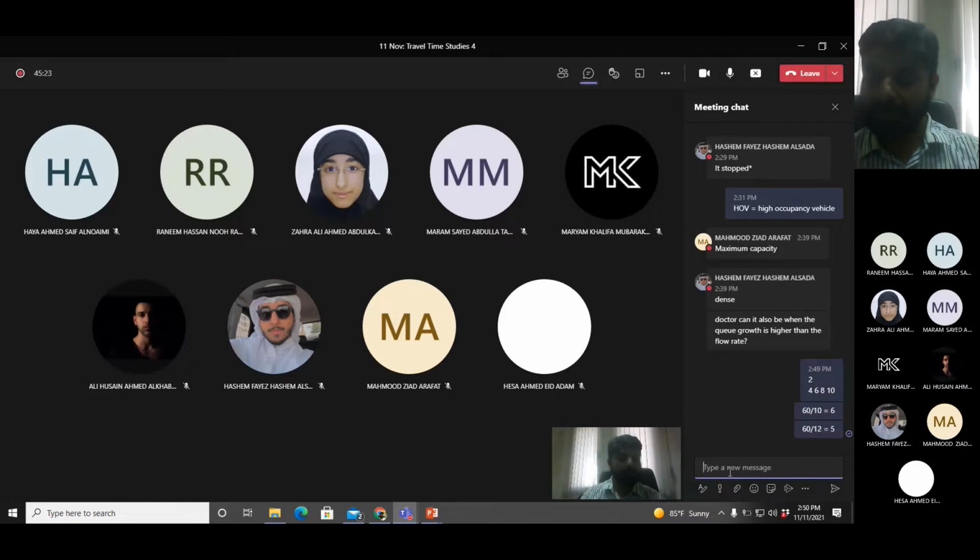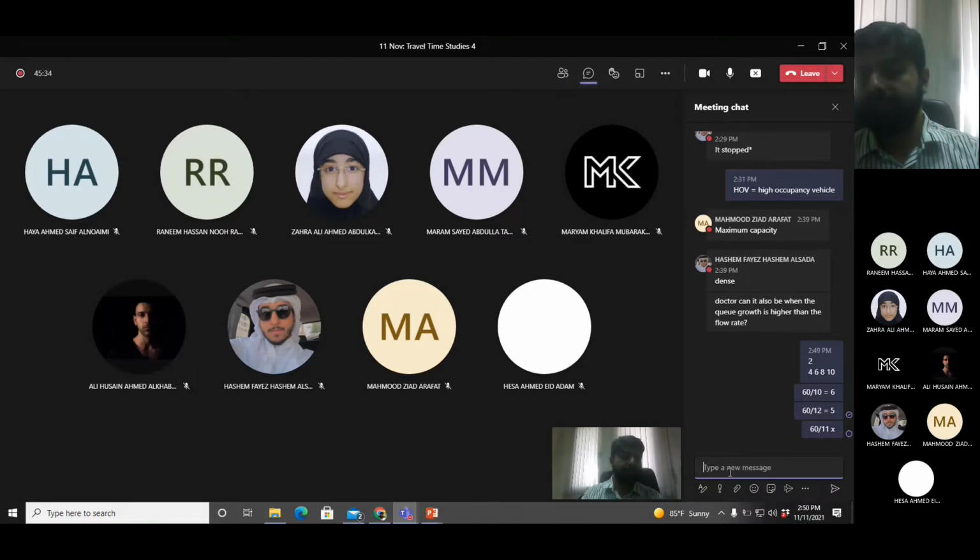Somebody else says make it 11. Now 60 upon 11 is not an integer, so this is not allowed. The time interval you give to observer 1 must be an integral divisor of the cycle length, or the cycle length must be a multiple of the interval.